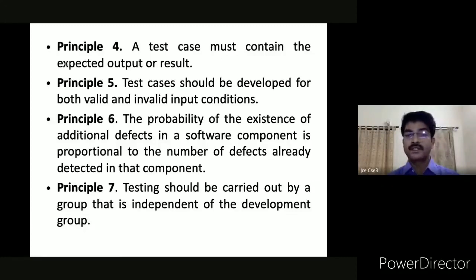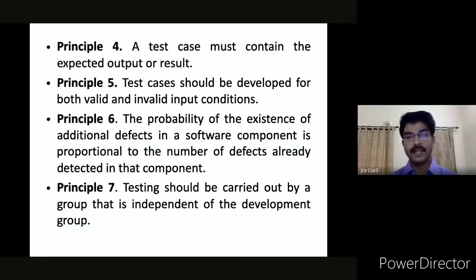Principle 5: test cases should be developed for both valid and invalid input conditions. For example, when you develop a login credential system, you may fix criteria such as 8 characters, alphanumeric. When you test it, you have to test with positive values and negative values. A simple example: you may develop software whose user interface accepts the age.